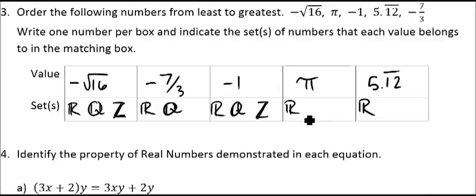Pi is a real number, but it's also irrational. That's the only irrational number here. And the last number I have is 5.12 repeating, which is a real number. And because this is repeating, I can write this as a ratio of two numbers. So it is also a rational number.